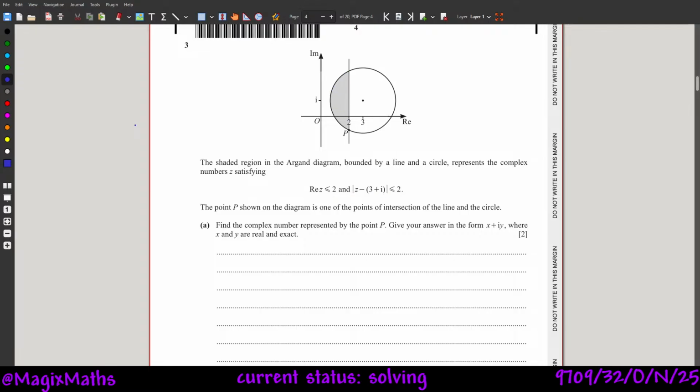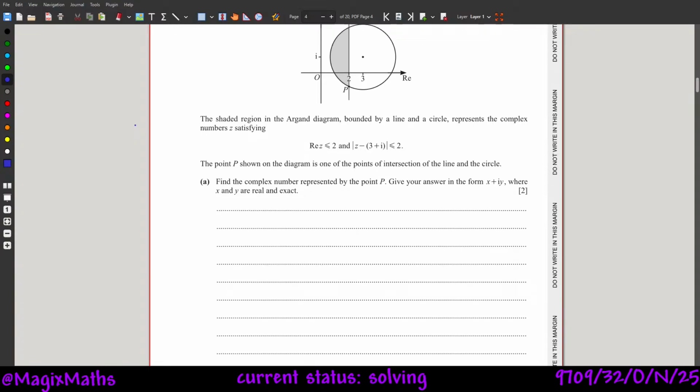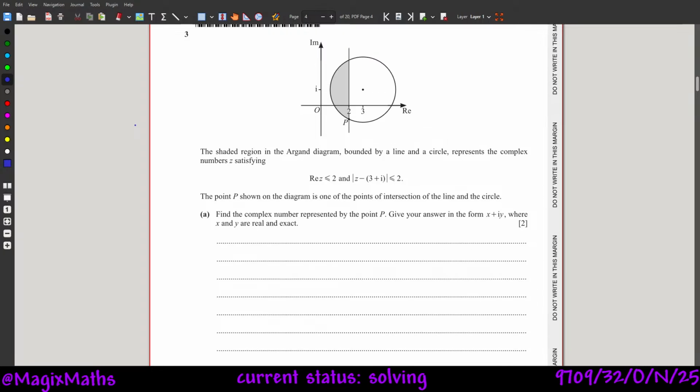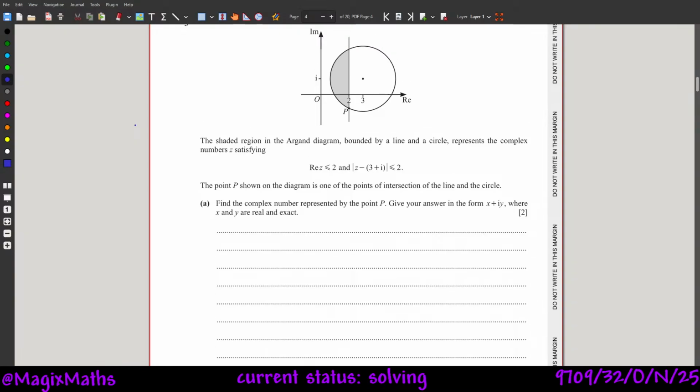Now let's take a look at the first sub-question. Point P shown on the diagram is one of the points of intersection. Find the complex number represented by the point P. Firstly, we can see that this is a line, z equals 2. And the other one is |z minus 3 plus i| is equal to 2.